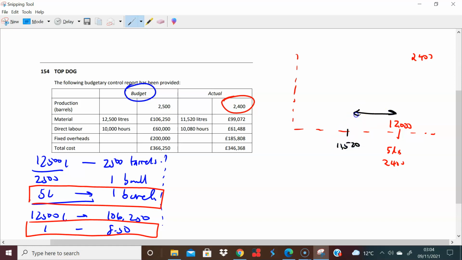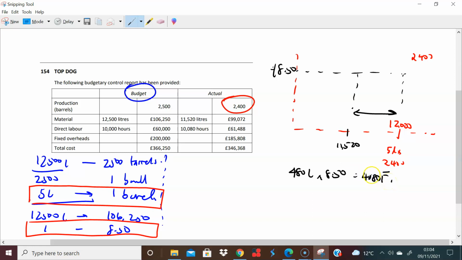That's a difference of 480 liters, all at the standard price of £8.50. So 480 times £8.50 is equal to 4,080.